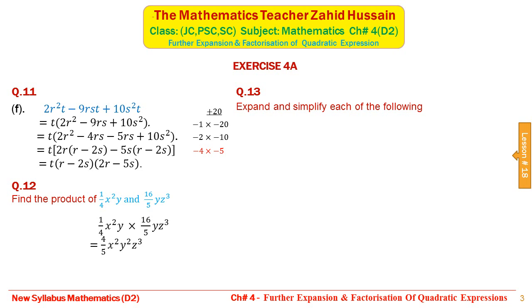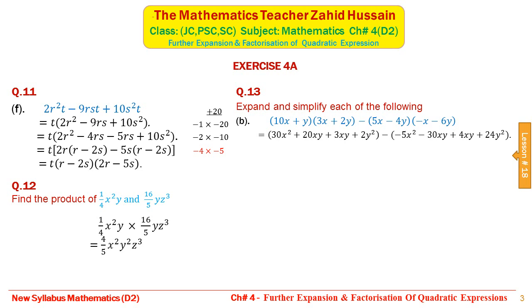Expand and simplify each of the following. Again, this is a question of expansion. So we will remove these two brackets and we will remove these two brackets to write the answer. Multiplication of these two is this, minus sign, and multiplication of these two expressions is this.